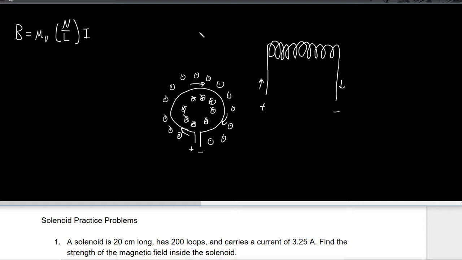Really what we're going to see is now I've got a bunch of loops all together, and since the current's going in the same direction through each loop, the magnetic field inside the whole coil is all going to add together. And really what we should see is that the magnetic field is going to go this way through the loop.